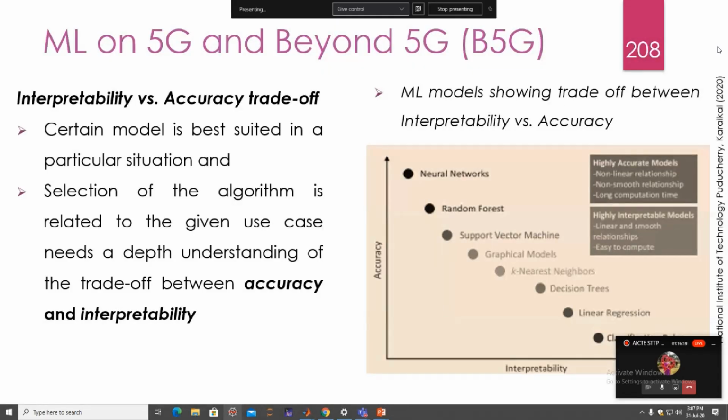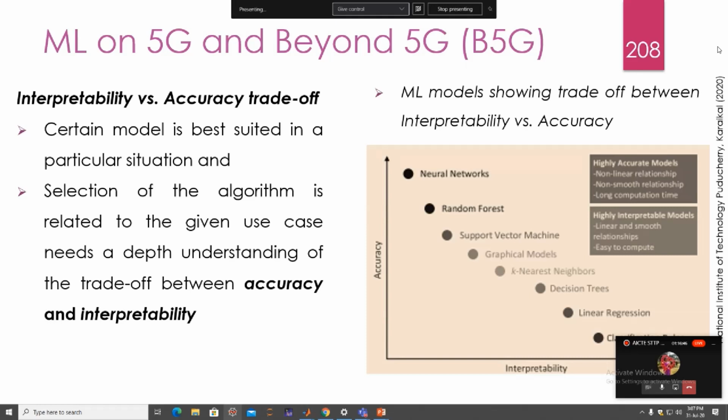Next is the interpretability and accuracy trade-off. The same concept: a certain model is best suited to a particular situation, and certain algorithms related to a given use case need a depth of understanding of the trade-off between accuracy and interpretability.